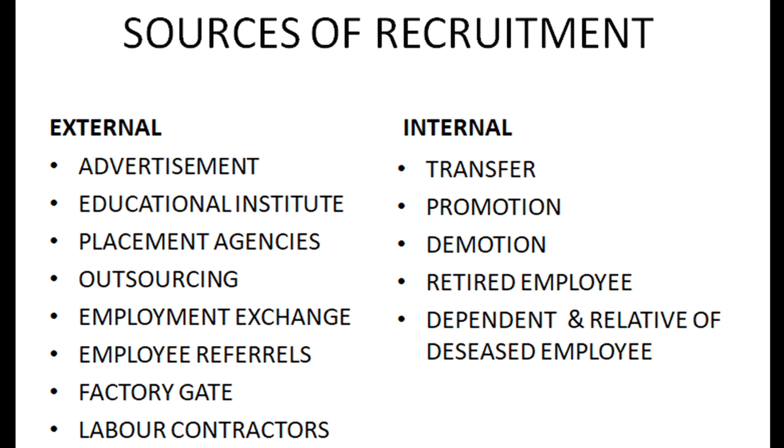These are the sources through which the organization can do the recruitment process. It can be further divided into two parts, that is external and internal. External sources of recruitment: through advertisement, the organization announces the vacancy. Some educational institutes have an MOU with the organization. In this way the organization can fulfill the vacant position with the help of placement agencies, outsourcing. If the organization needs personnel in bulk, then it can outsource the human resource.